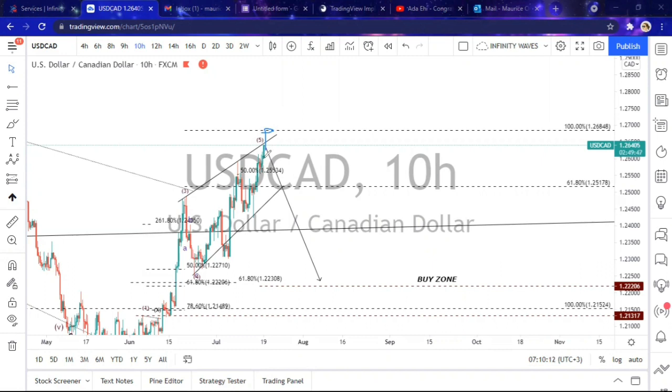Wave 5 extends wave 3 by 61.8, which was this level, or 100%. So it can also go all the way to this level, then drop. So we'll see how price behaves around this area. If it gives us a sell opportunity, we will sell up to these levels. That's for US dollar, Canadian dollar.